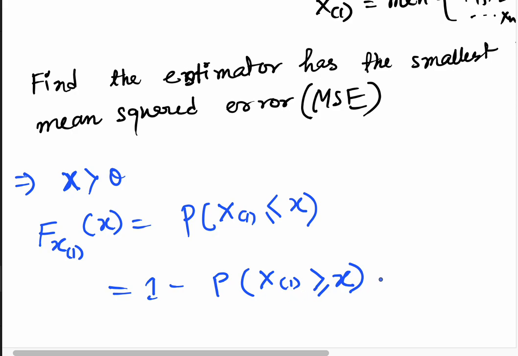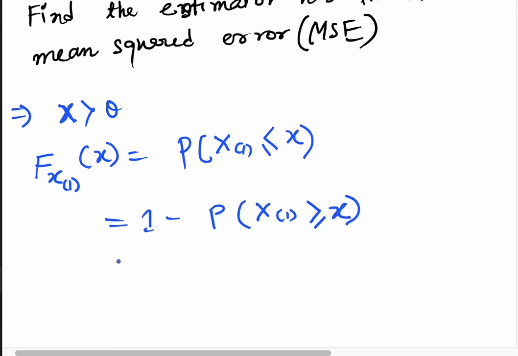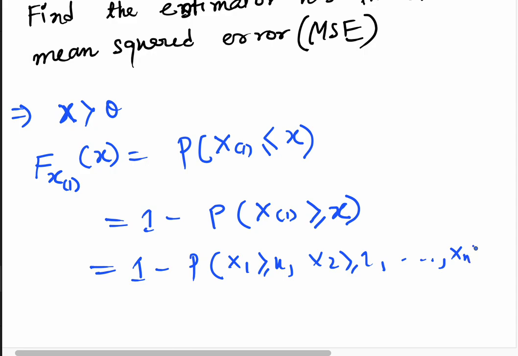If X(1) is greater than x, that means all the random variables have to be greater than x, because it is a minimum. So that is 1 minus the probability that X1 is at least x, X2 at least x, up to Xn at least x.